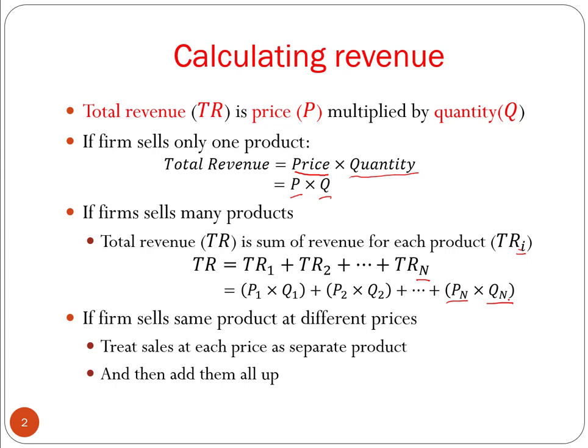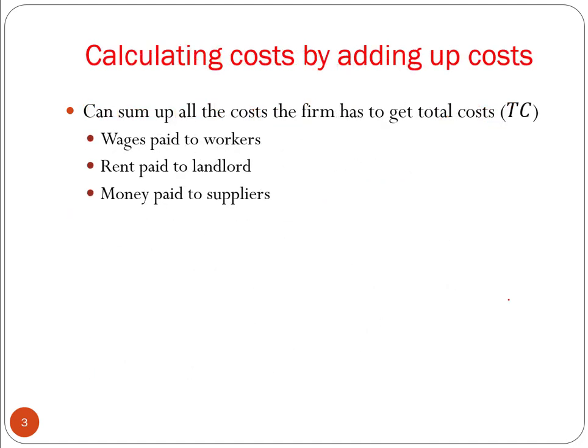If you sell the same product at different prices, so maybe you have a discount for senior citizens, for example, then we could just treat them as different products. So we'd have single cones sold to senior citizens and single cones sold to non-senior citizens. So we just treat sales at each price as a separate product, and then we add them all up in the same way. So nothing particularly complicated here for calculating total revenue.